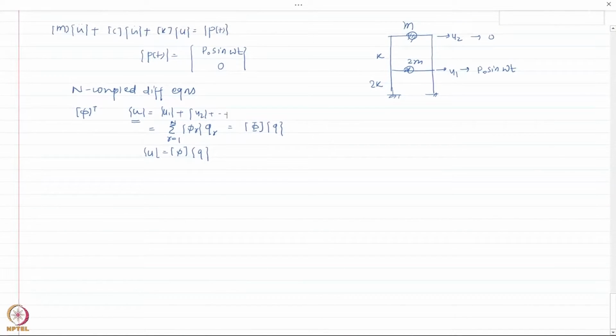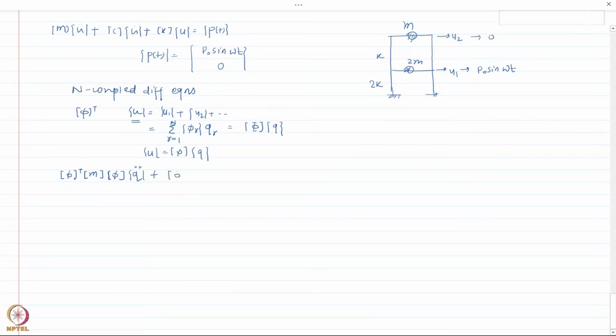So what we are going to get is this equation here: phi transpose M, again the modal matrix, and then the modal coordinate, basically the modal accelerations.